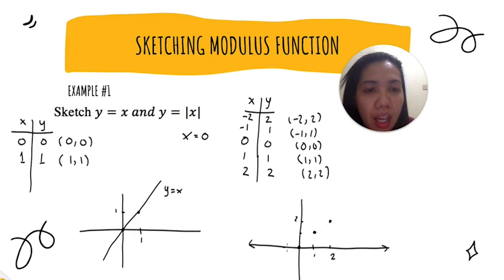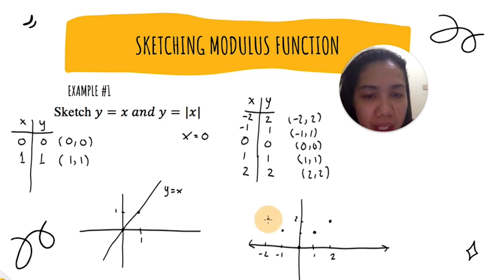Okay, now we continue with the left side of the vertex. In here we have -1, 1, so in here is -1, and the y coordinate is 1 in here, and then -2, 2, this is -2, and the y coordinate is 2 in here.